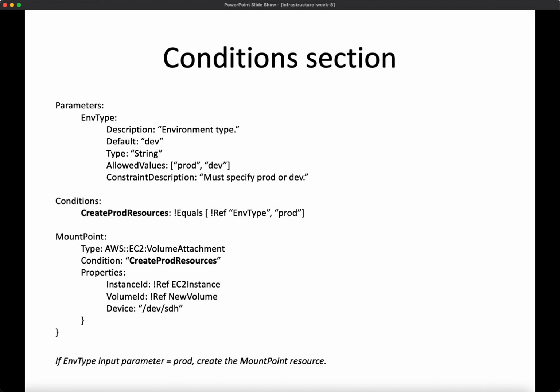If the environment type then is prod, the create prod resources condition will evaluate to true, and therefore the mount point resource will be created. If the environment type were dev, then CloudFormation would skip the creation of this mount point resource. It would not be created.